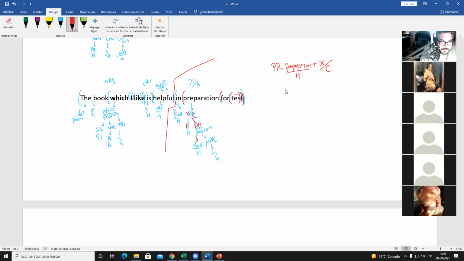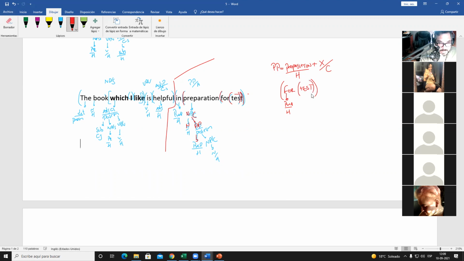Ejemplo. For test. Eso es una frase. ¿Sí? Sí. Esa frase tiene una preposition, que es el head, la más importante, es for. Y al lado de for va otra cosa que es su complemento.